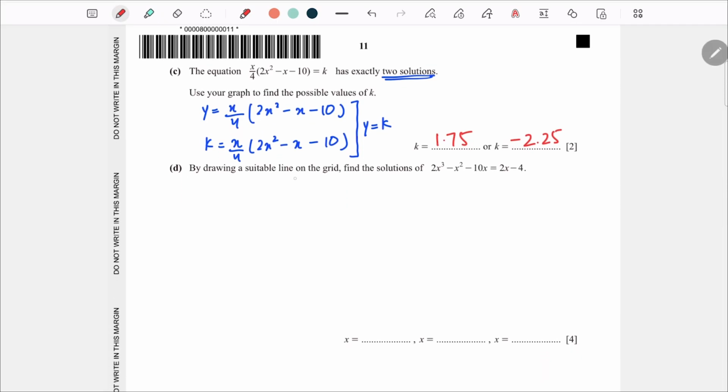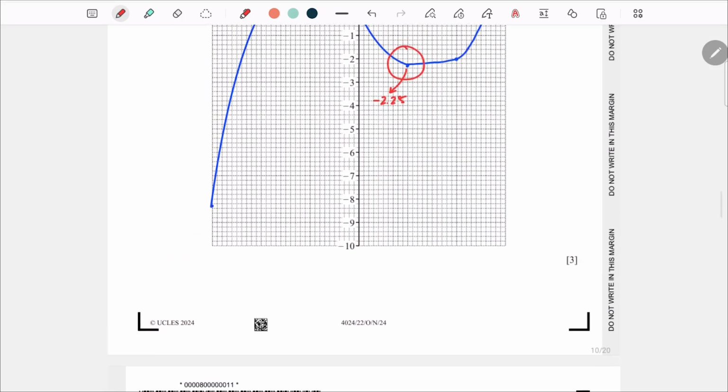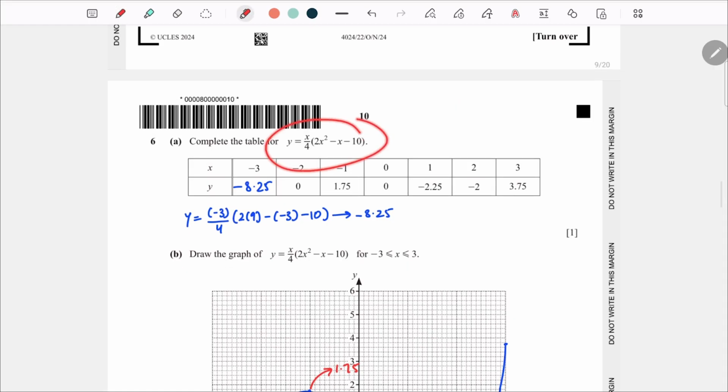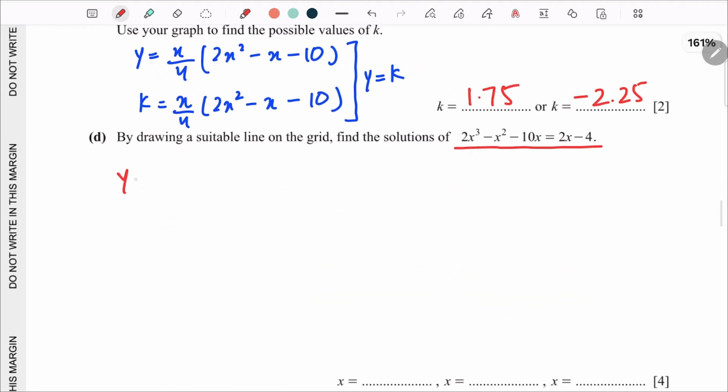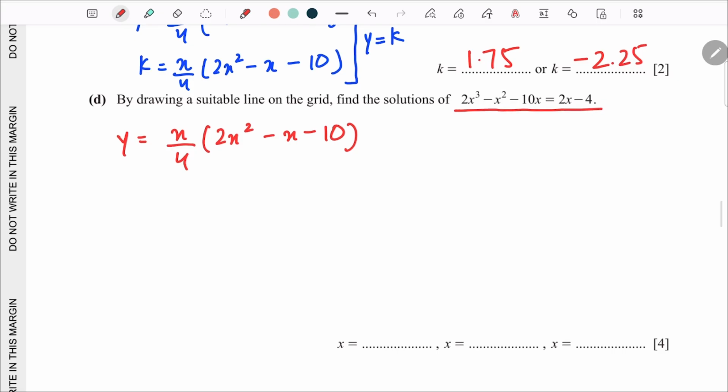Part D, by drawing a suitable line in the grid, find the solution of 2x cubed minus x squared minus 10x is equal to 2x minus 4. Now if I look at the original equation, I'm going to copy this down below. That is y is equal to x over 4 bracket 2x squared minus x minus 10. If I expand the bracket, I get y is equal to 2x cubed minus x squared minus 10x, over 4.